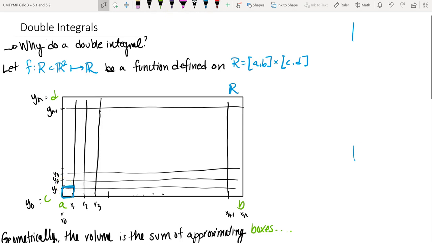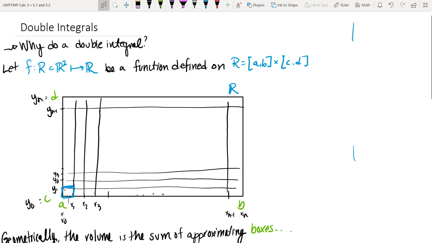This is one particular region under the surface, but it would extend up to the function. Thinking back to Calc 1, within each interval I took a test point. Which test point am I going to use? I have an entire little rectangular region, so usually we just pick something and go with it.